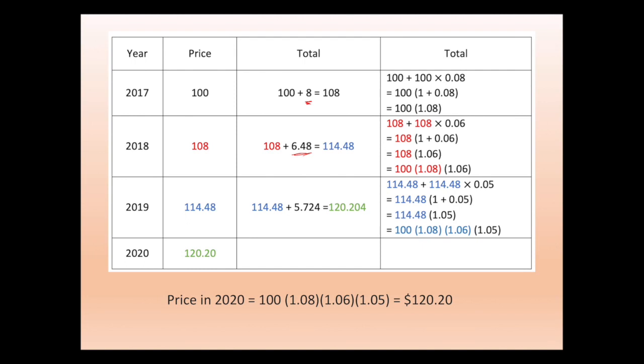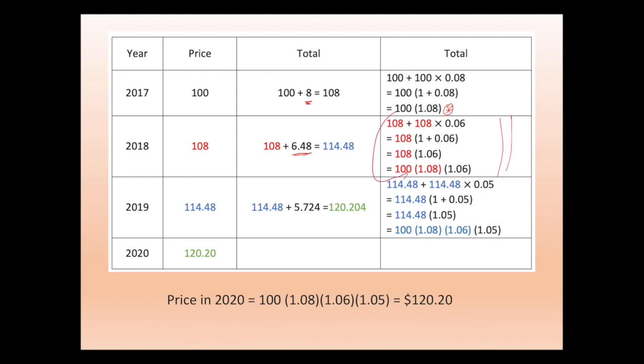So an increase of 6% at the end of the year is 6.48. So the total price will become 114.48. And this is the way I can write it out, which is 108 plus 108 times 0.06. Or straight away you can think of it as 108 multiplied by 1.06.